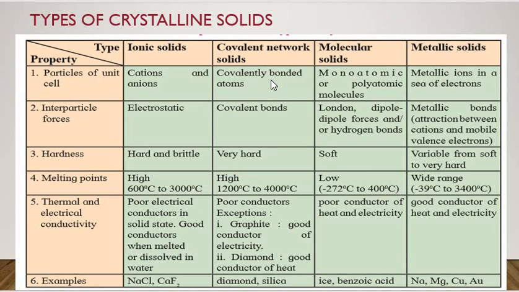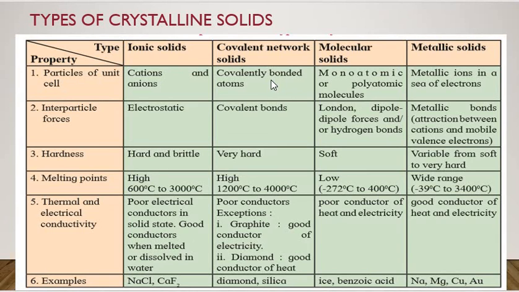The entire crystal is a single molecule, and as a result of the rigid and strongly bonded structure, covalent network crystals are very hard, the hardest and most incompressible of all materials. They have very high boiling points and melting points.